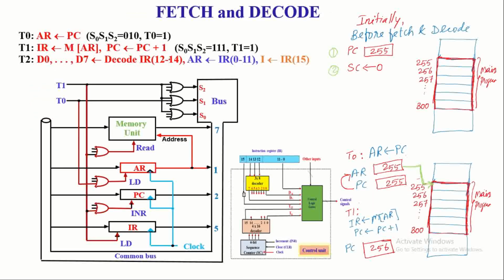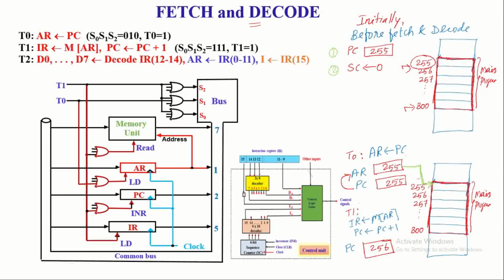Let us now discuss what micro operations are performed during the fetch and decode phases of an instruction cycle. Let us take this illustration. Assume that a program is loaded into the memory whose first instruction is stored at memory address 255 and whose halt instruction is stored at memory address 300.